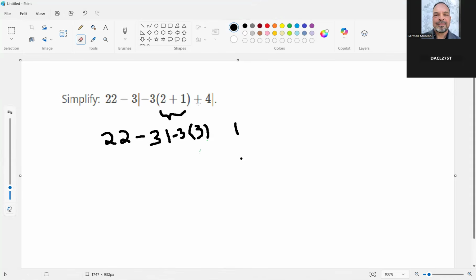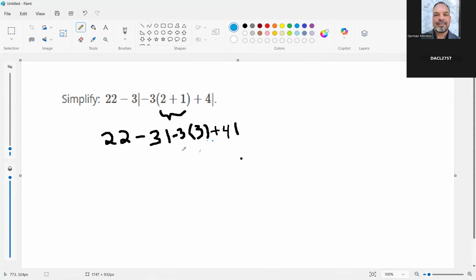But first, we need to just bring down the +4. Okay, and now there's so much stuff here that it might be hard for you to see where to go. That could be a piece that's really confusing.